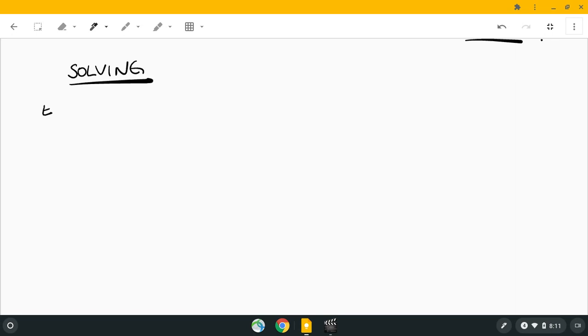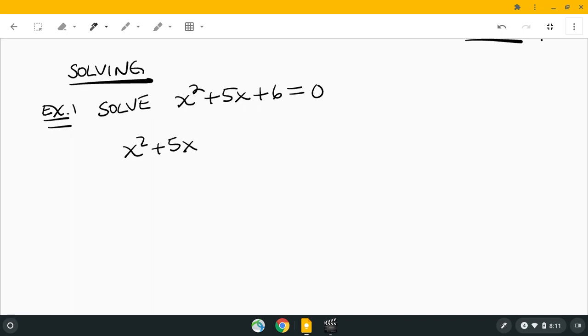All right, so example 1. Let's go ahead and solve x squared plus 5x plus 6 equals 0. Okay, so I'm going to bring it down here. First thing you want to do, make sure it's set equal to 0. And it is. That way we can use the 0 property, right?